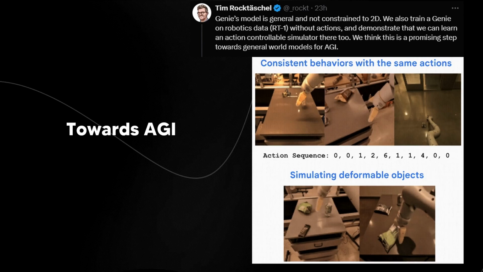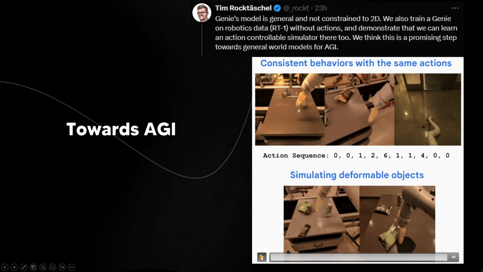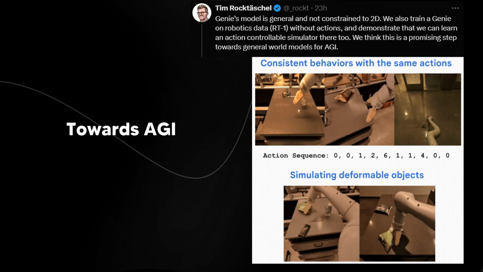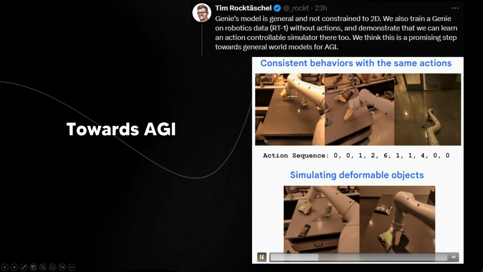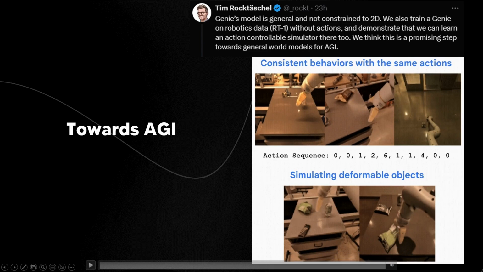And the reason this is so crazy is because when they trained it on the robotics data here referred to as RT1, this means that it's exposed to data that is from real world sensors or real world simulated robotics data and environments, which essentially means that because this was without actions, this part suggests that the training data didn't actually include specific action commands or outcomes, focusing instead on understanding the environment or sensory input.